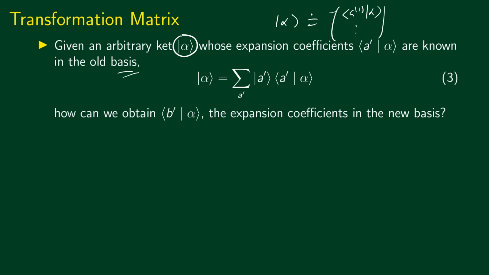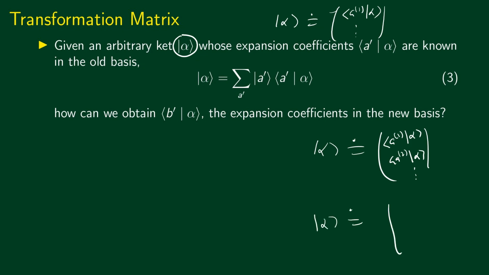Now, once these expansion coefficients are known, how can we find the expansion coefficients in the new basis? So the question is this: in the old basis, ket alpha will be represented by a column matrix with elements bra A1 ket alpha, bra A2 ket alpha, etc. Now, in the new basis, the same ket will be represented by a different set of numbers because we have changed the basis.